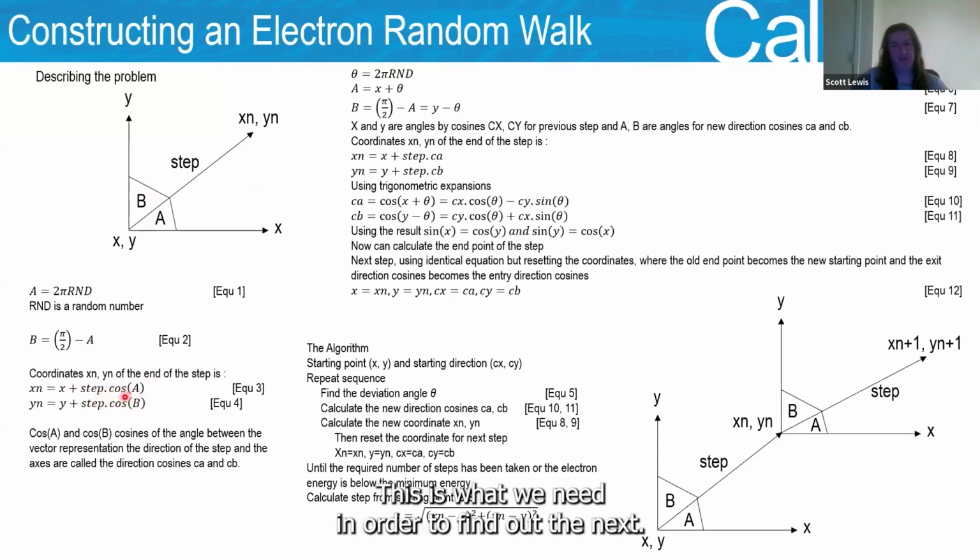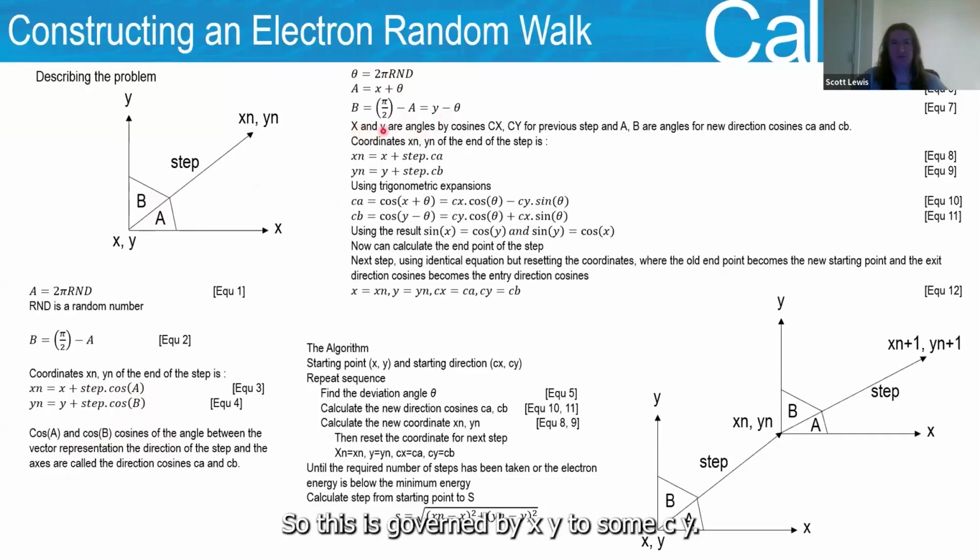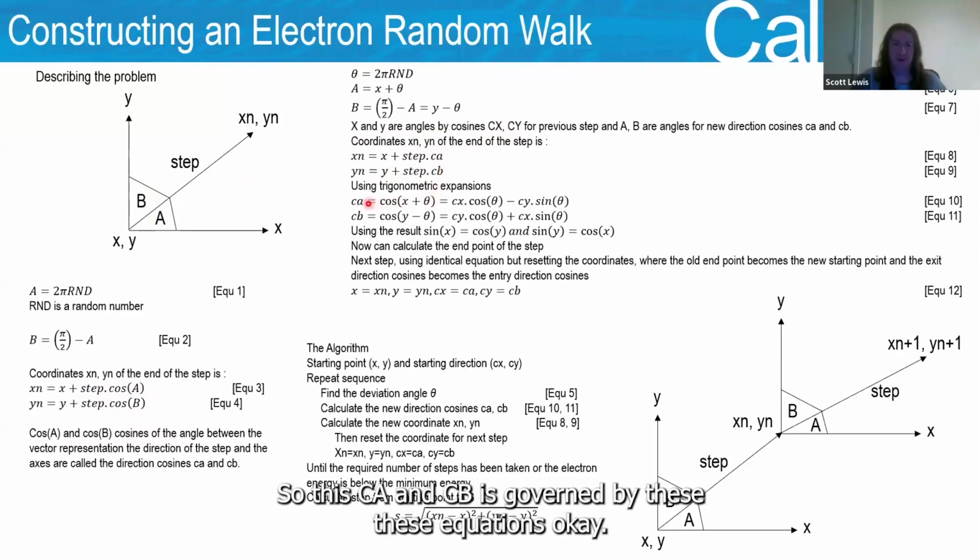This is what we need in order to find out the next position. Now we've got the cosine A and the cosine B, so we can work out what we need to do in order to get to the next step. This is governed by X, Y to CX and CY. This is a notation that we use in the industry. And then this is the coordinate system. So this CA and CB is governed by these equations.